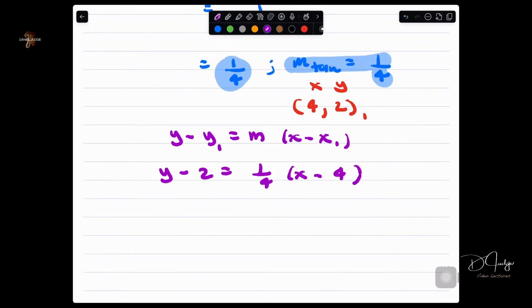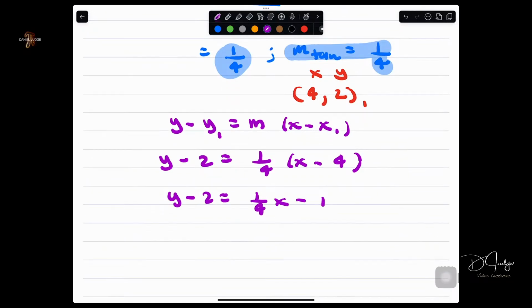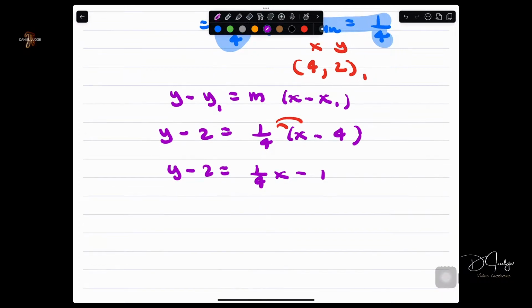Okay. So y minus 2 is 1/4 x minus 1 when I distribute here. So when I add 2 to both sides now, I end up with the equation y equals 1/4 x plus 1.